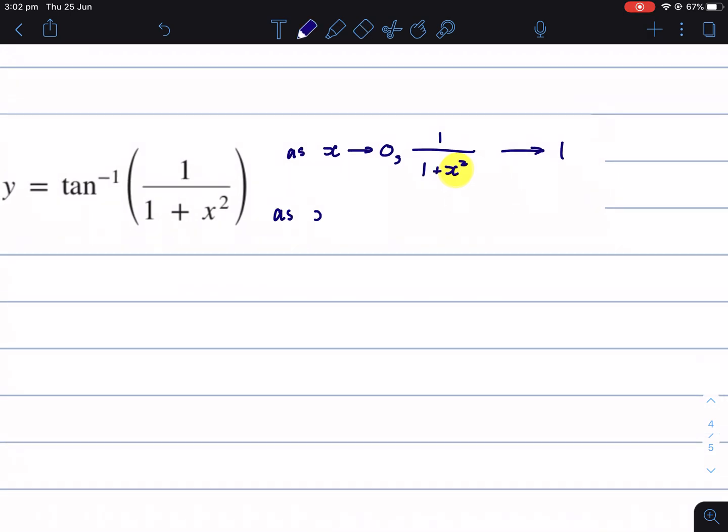And as x tends to positive infinity, that's going to tend to 0, isn't it? Okay.